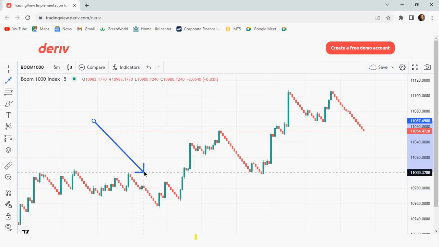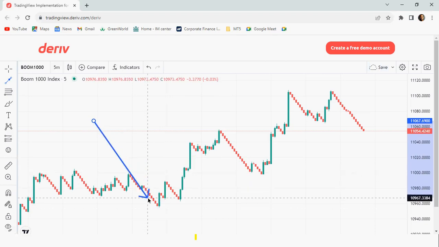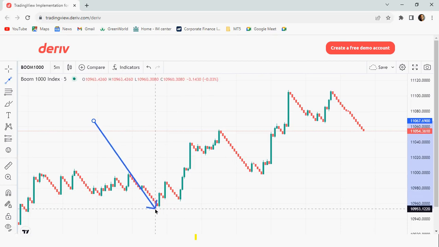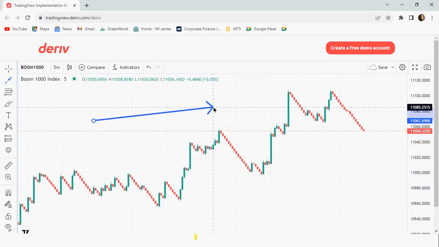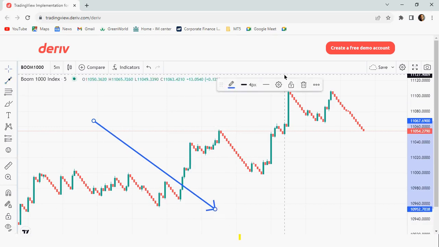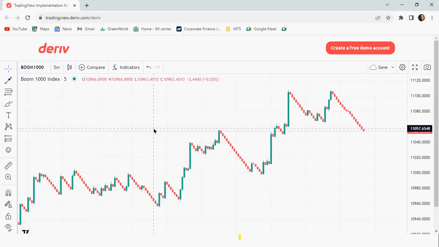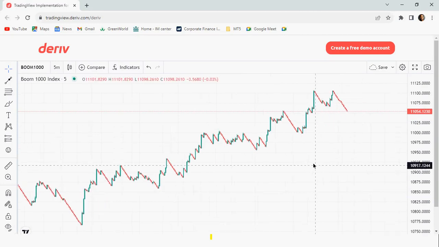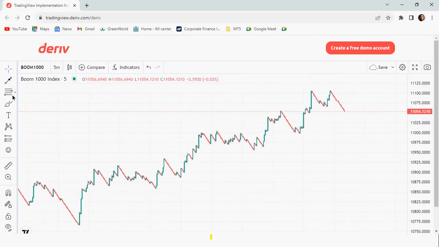The other way is that you enter before it reaches this point, the point of support, so that once it bounces, you are already in the market. Now let me try to reduce the screen. This is M5.